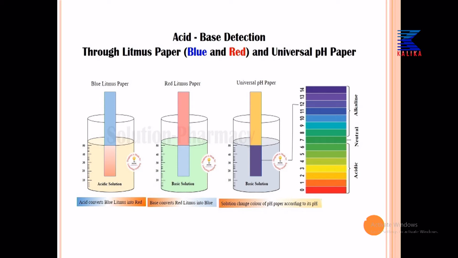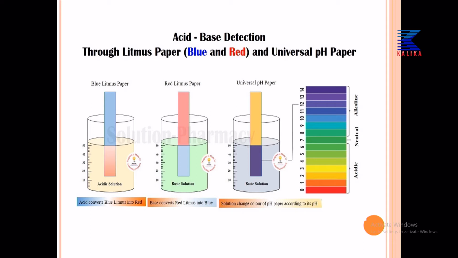Similarly, in a basic solution, the color of red litmus paper changes into blue. In the next figure, universal pH paper is dipped in a basic solution.